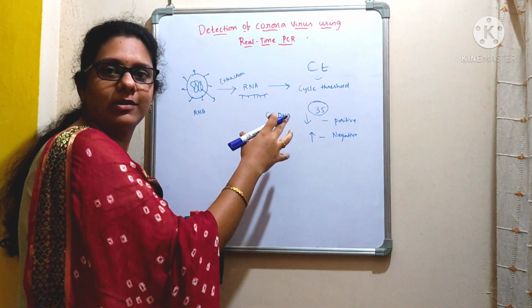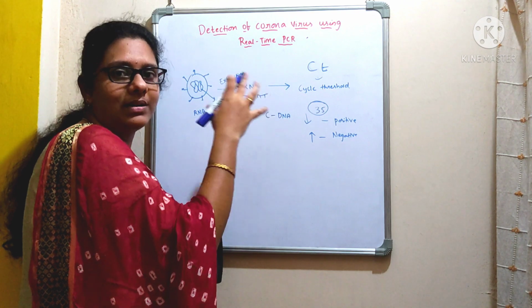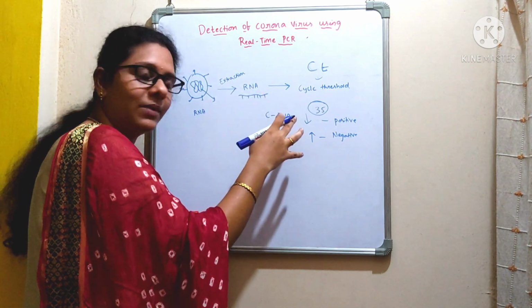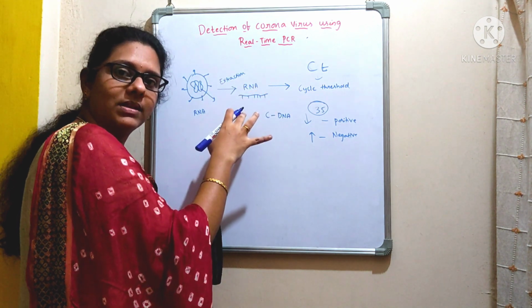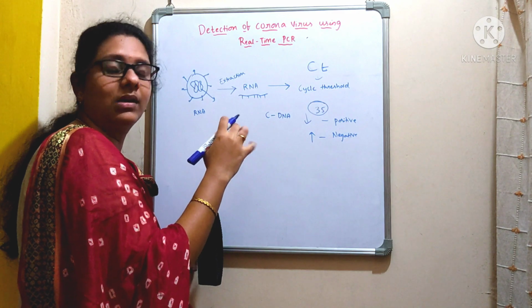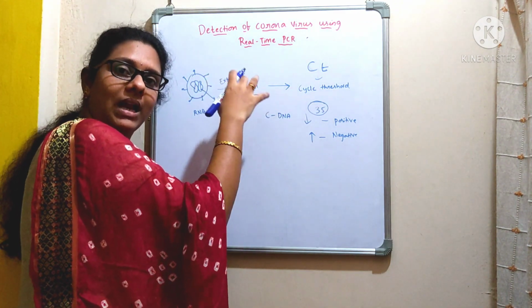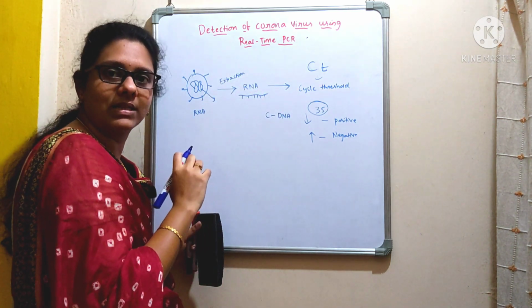We all know the process of transcription. Synthesis of mRNA from DNA is called transcription. But here, in the case of retroviruses and some related viruses, they have an enzyme called reverse transcriptase. So the genetic material RNA will be converted into cDNA by an enzyme called reverse transcriptase.